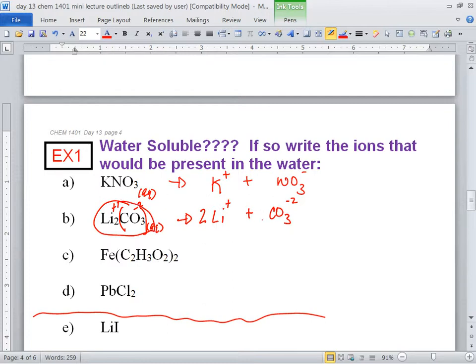How about iron 2 acetate, Sarah? Is that soluble or insoluble? Iron 2 acetate. Soluble. Good. She read it right. Aq. So she's right, Dylan. That's going to break up into what ions?